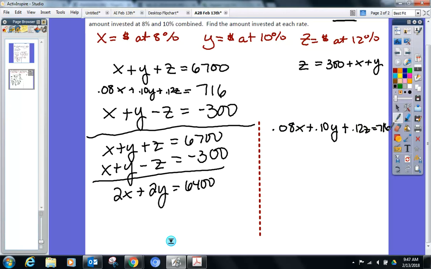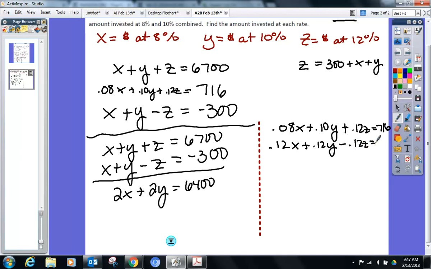What do you want to multiply the third one by then to get rid of z? What am I multiplying this one by? I got to get rid of z. What are you multiplying it by? 0.12. All right. Go ahead and multiply this whole thing by 0.12. 0.12x plus 0.12y minus 0.12z.